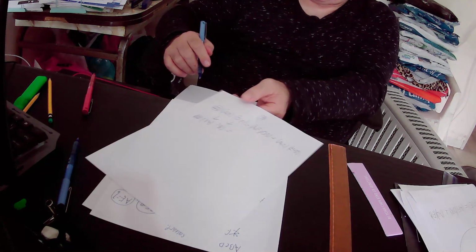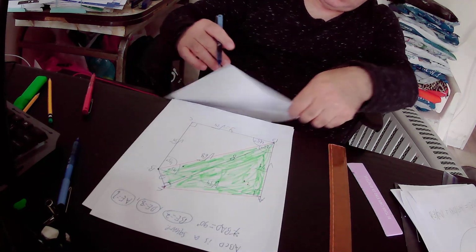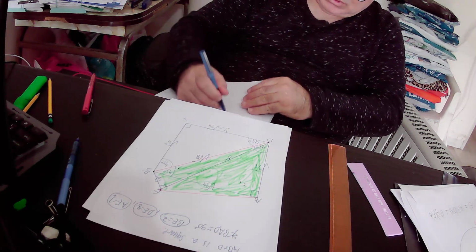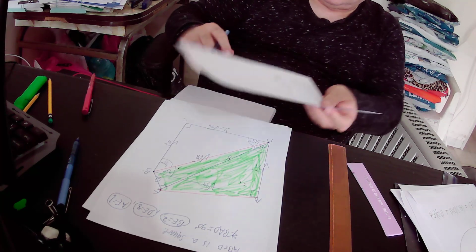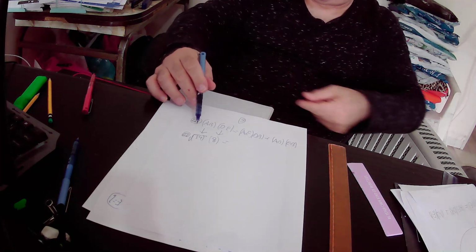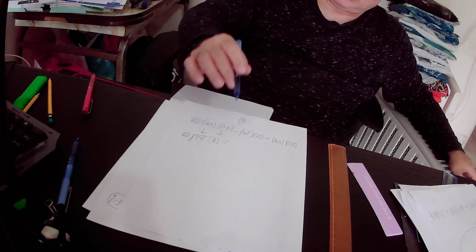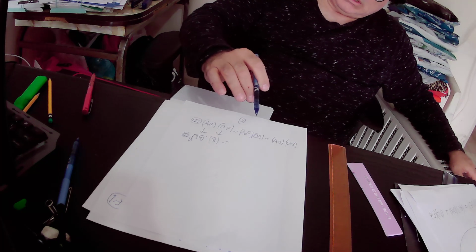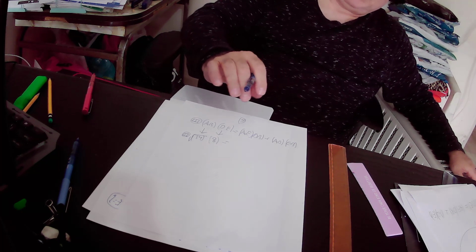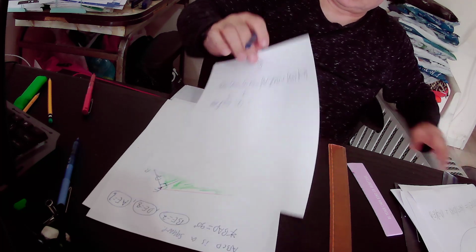I repeat, AB equals the square root of 34 units, and DE equals 8 units, and all equals AE. AE is the missing line segment, so we will leave it as it is.